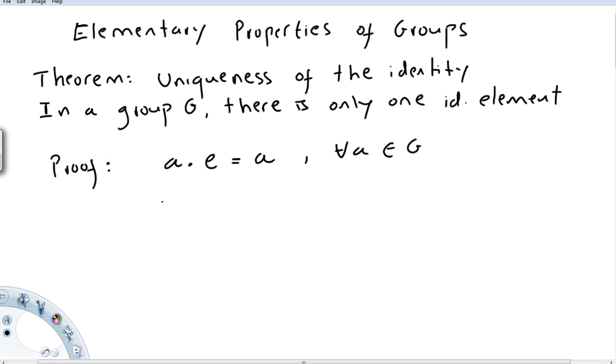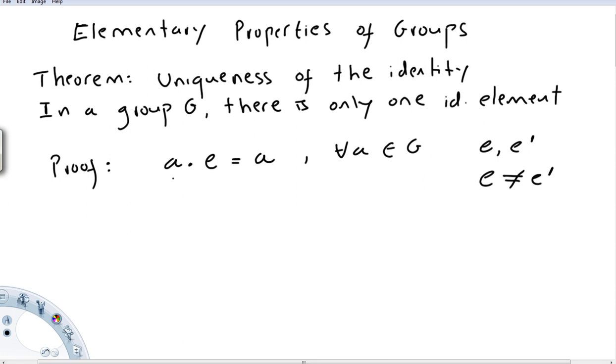And so first we assume that there are two identities, E and E prime, and E is different from E prime. Okay, naturally.